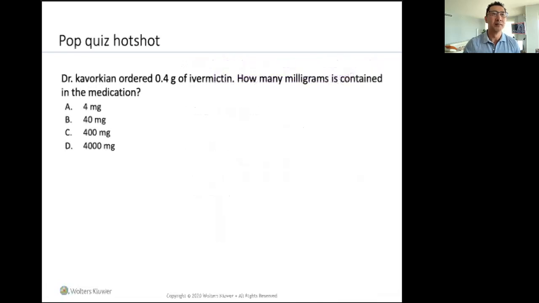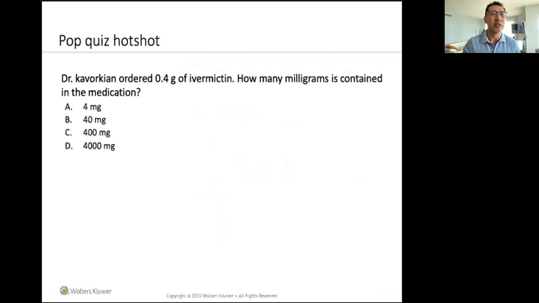Pop quiz. How about this? Dr. Kevorkian ordered 0.4 grams of ivermectin. How many milligrams is contained in the medication? Yell it out loud or put it in the chat box. 0.4 grams. How many milligrams is that? 400? I don't think so. You guys are wrong on this one.